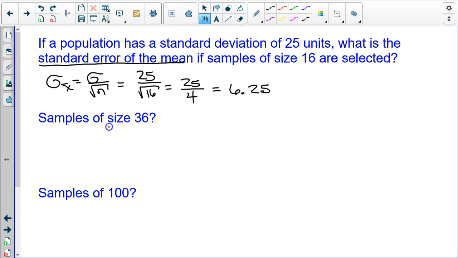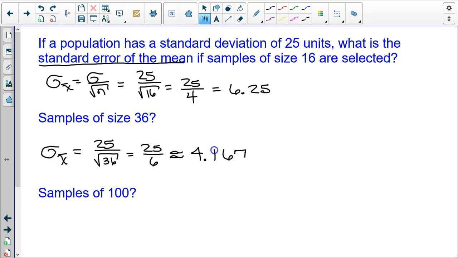Okay, if the samples are of size 36, then the standard error is 25 divided by the square root of 36, which is 25 over 6, which is about 4.167.